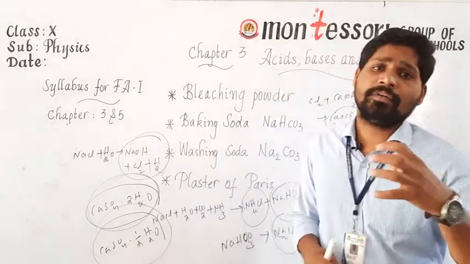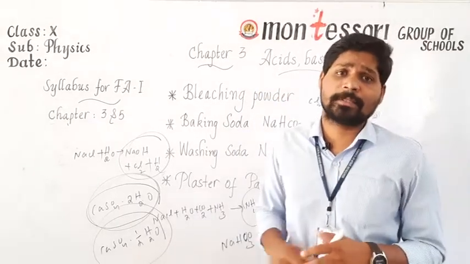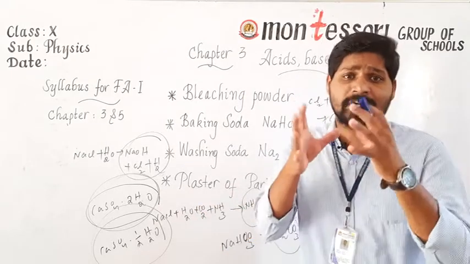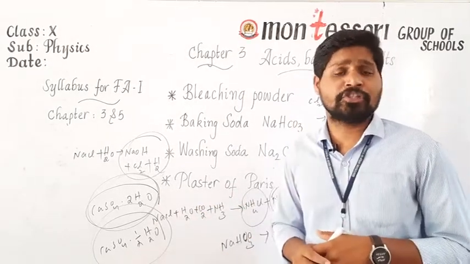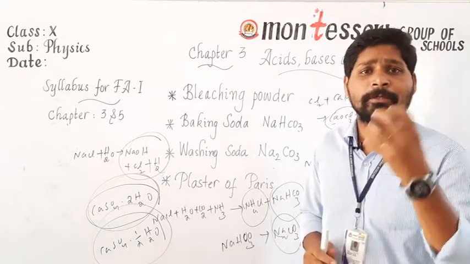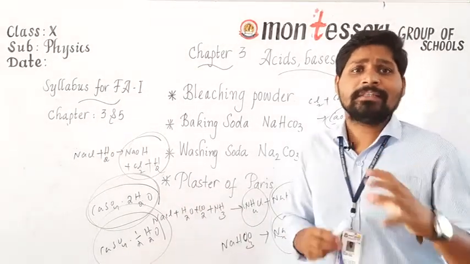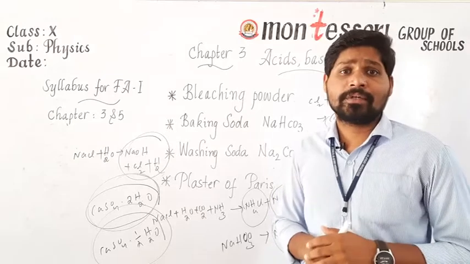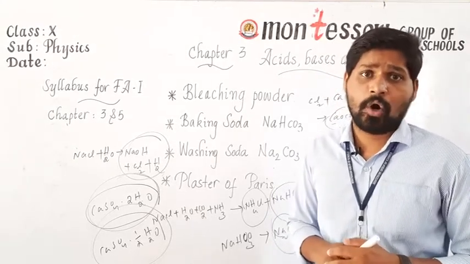So sir, how can doctors use this plaster of Paris to set fractured bones in the right position? See, this plaster of Paris is a white powder. Whenever you mix it with water, it turns into a hard solid mass.